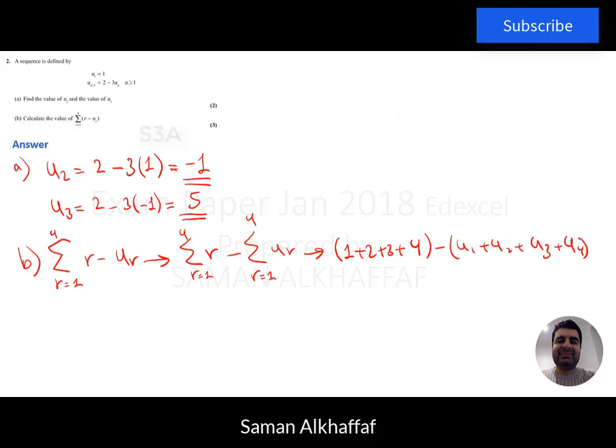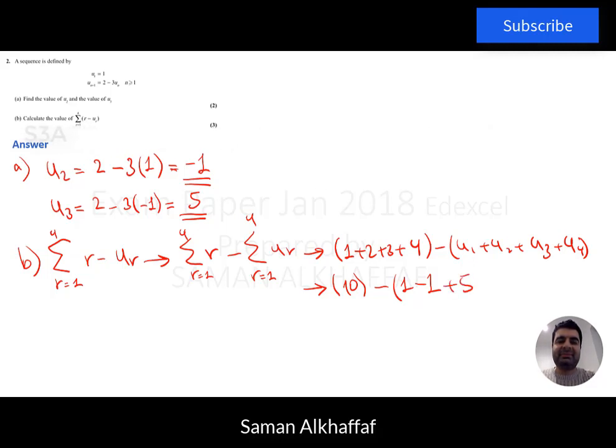Now in this scenario, we have the values of r, and we have also the values of u. So we add these values, that will give us 10, and for the u values we have 1 plus, in this scenario, take away 1 because u2 is minus 1 and u3 is plus 5.